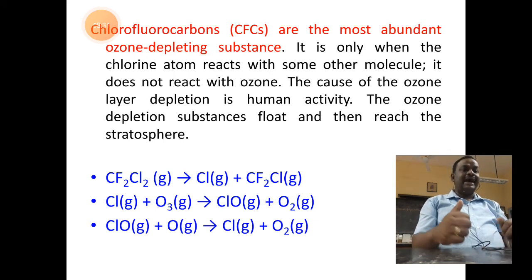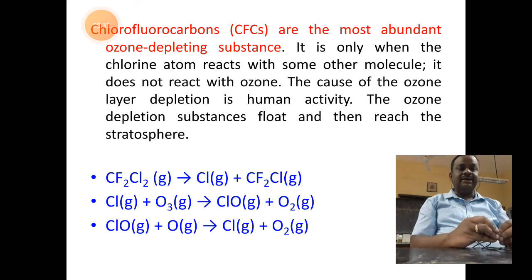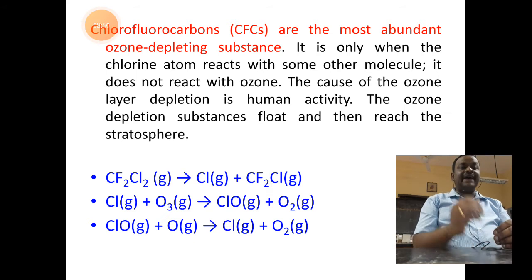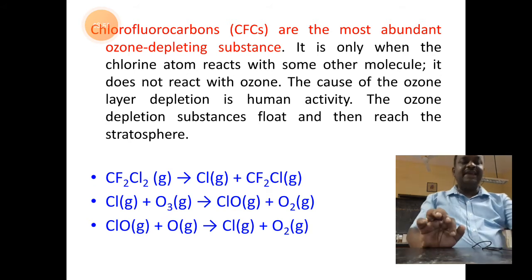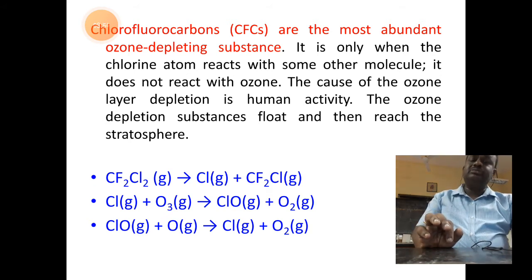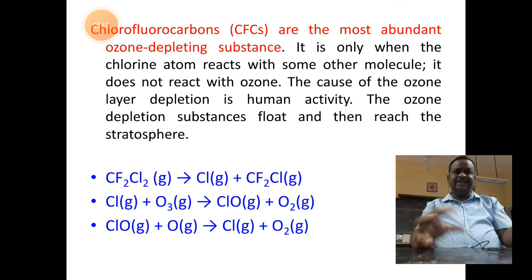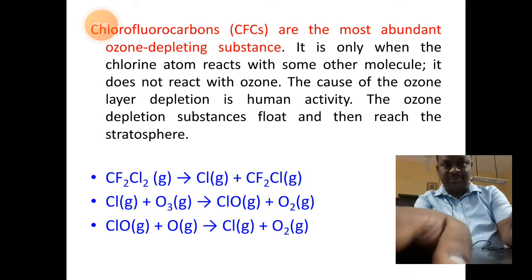Now, a sad situation here is that the O3 concentration in the ozone layer gets reduced. A sad situation again is that this single nascent chlorine atom will react with further ozone molecules and cause the breakage of O3, and the chain reaction takes place, depleting the ozone layer.